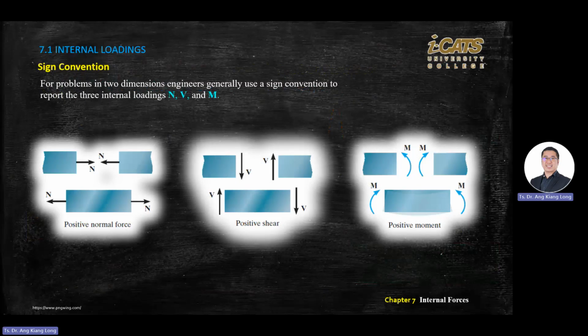The top is what you cut, and the one below is positive moment, meaning you imagine you bend it and the structure will smile. You bend this object, it will smile, right? So smile is always positive.